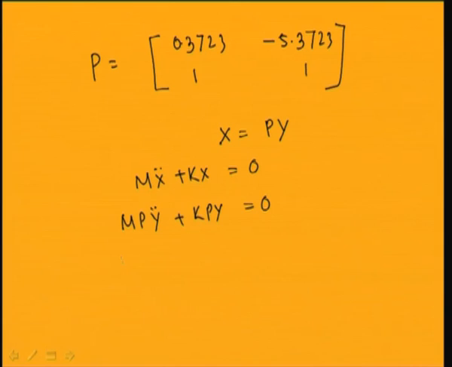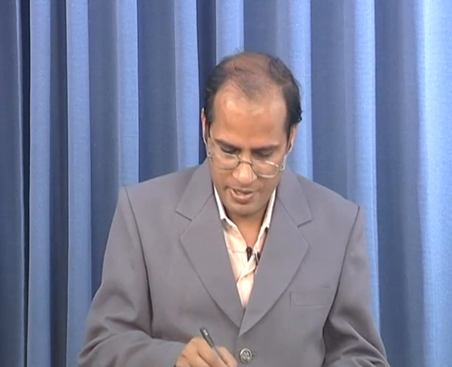Now pre-multiplying by P transpose, I can write P transpose m P y double dot plus P transpose k P y equal to 0. Let us find this P transpose m P and P transpose k P. Already you have known from the orthogonality property of the modes that P dash m P and P dash k P are diagonal matrices.